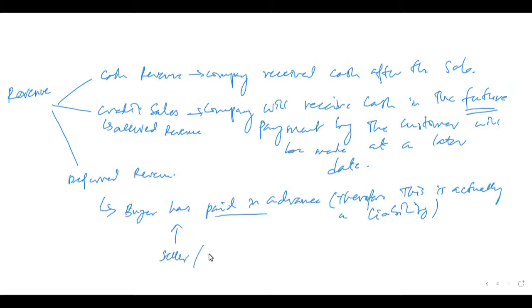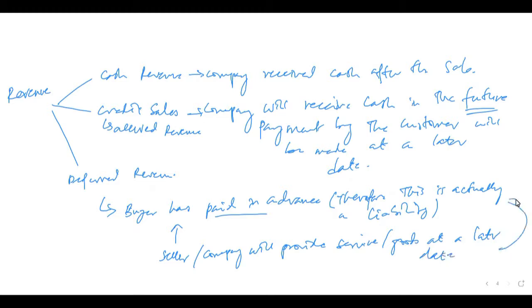The seller or the company will provide the service or the goods at a later date, and that's why it is a liability, because the company has received cash in advance. So now let's look at the journal entries.